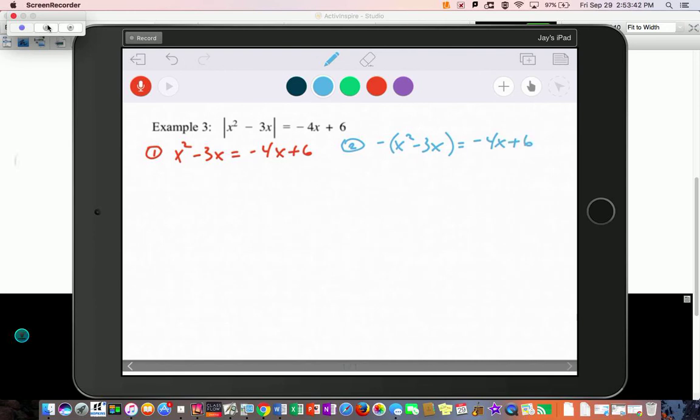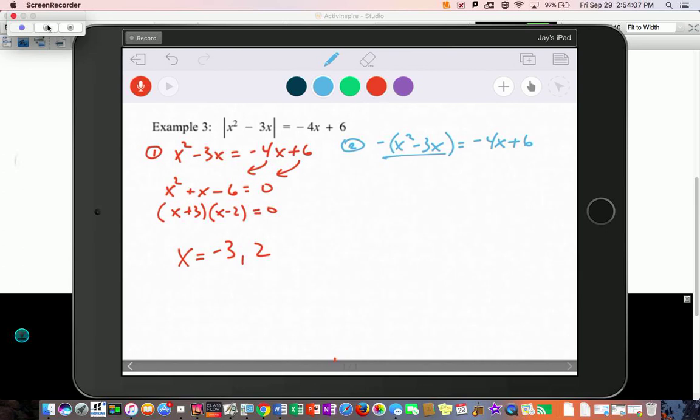And so what you're seeing here is now we're working with quadratics on both sides. So I need to move these terms over, and you have x squared plus x minus 6. That will factor into x plus 3, x minus 2, and I'm getting -3 and 2.